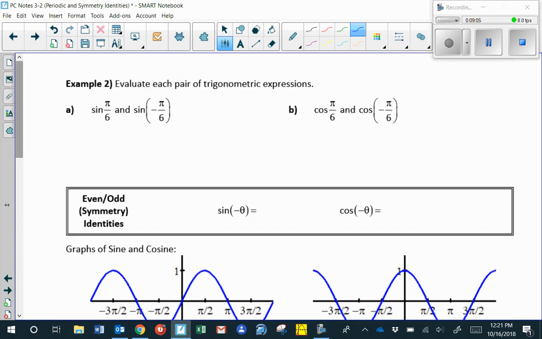Okay, in example 2, we're going to evaluate two trig expressions. Sine of pi over 6 and sine of negative pi over 6. Now you may find it helpful to draw these.